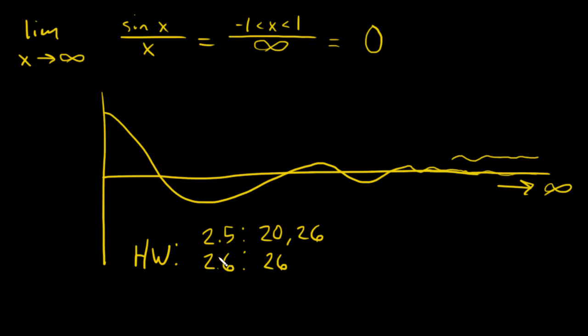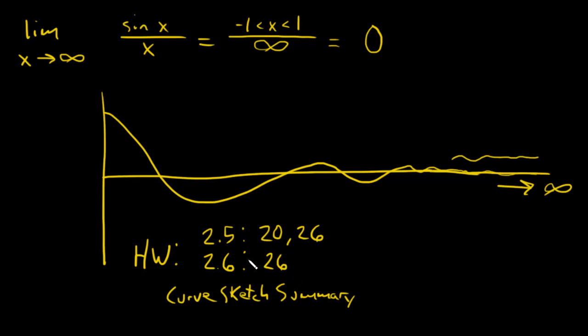So 2.6 is called curve sketch summary. And all it does is more complicated examples of the things that we've learned in 2.3, 2.4, and 2.5. So first derivative test, second derivative test, and horizontal asymptotes.